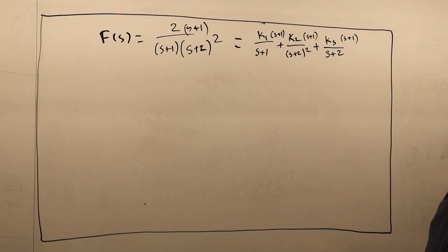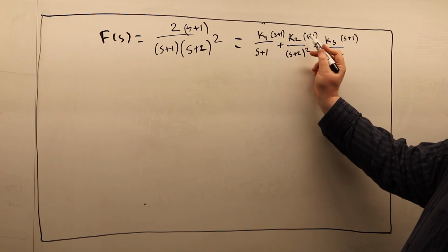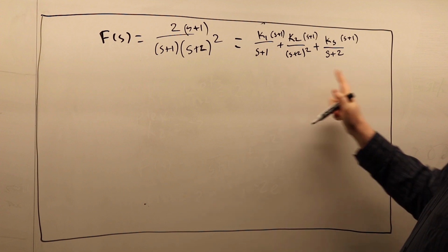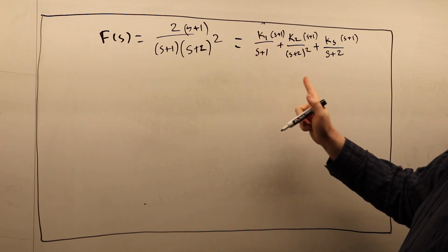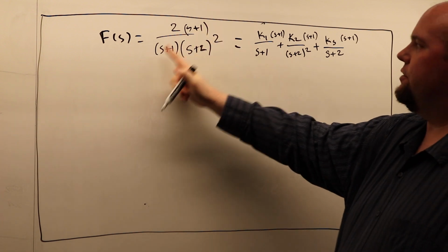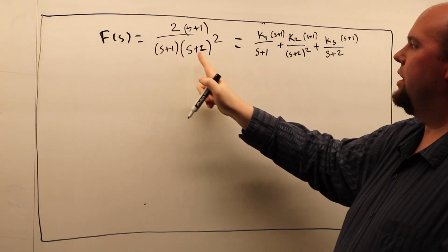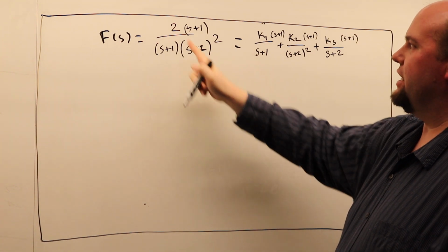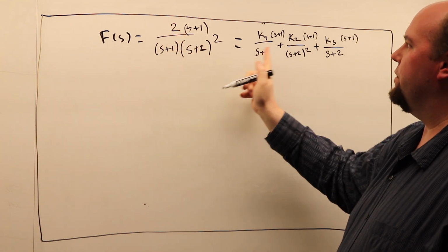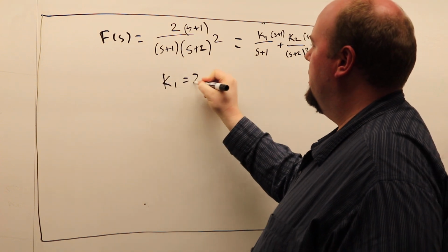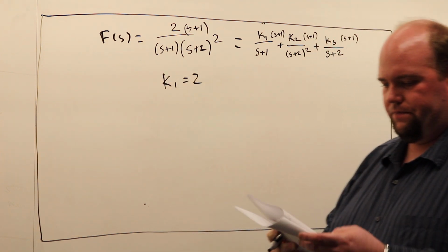We're going to choose s equal to negative 1. Then the numerator is 0, and those terms both get wiped out. So all that's left on this side is k1 at s equal to negative 1. Over here, we're left with 2 divided by (negative 1 plus 2) squared, that's 2 divided by 1. So k1 is simply equal to 2.